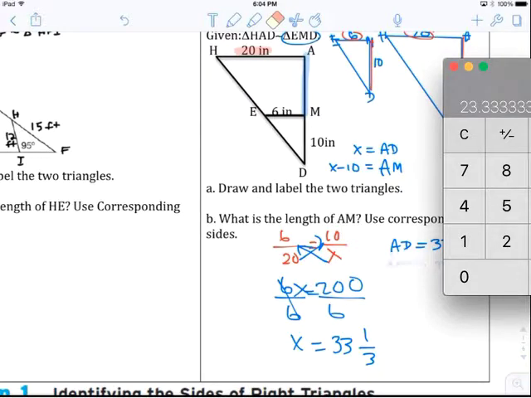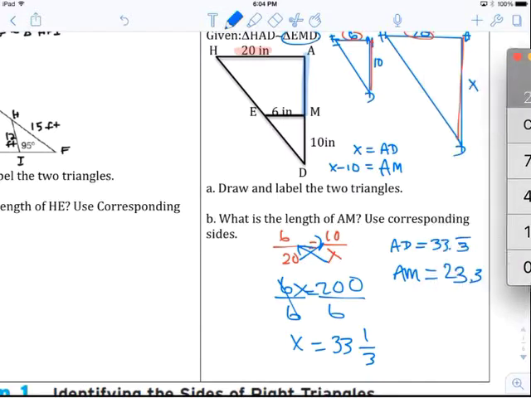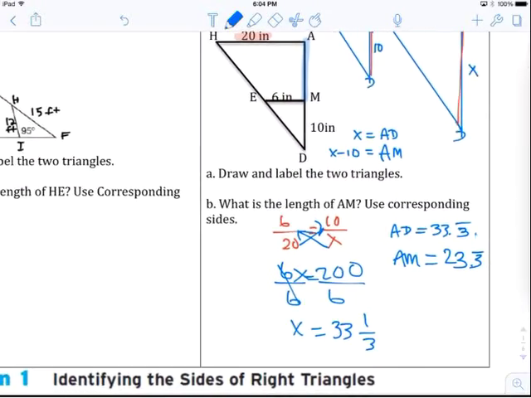What am I thinking? AM is 23 with 3 repeating. Oops. That's it. And put inches in the back.